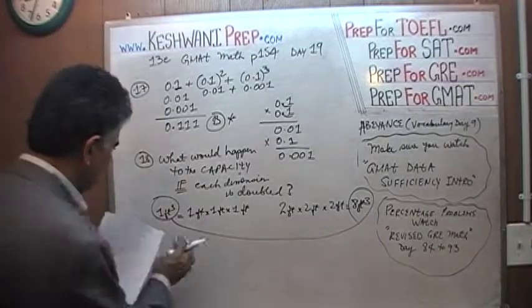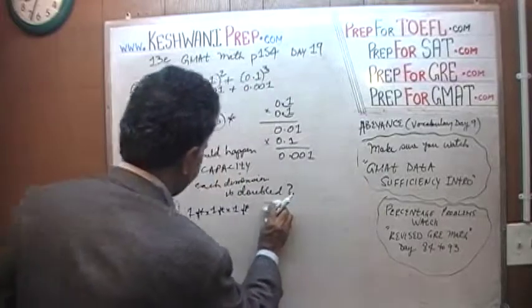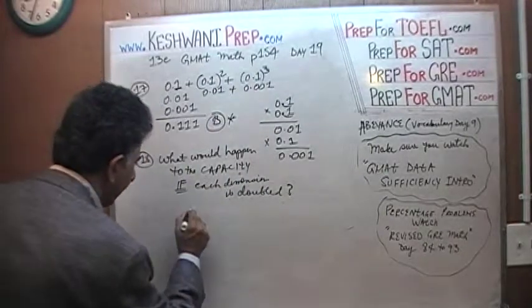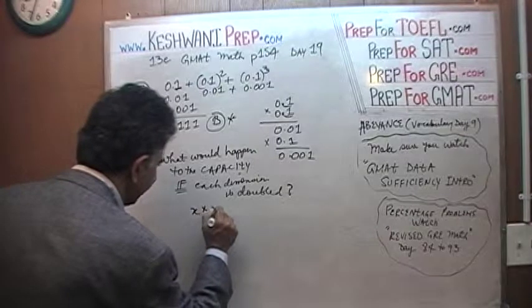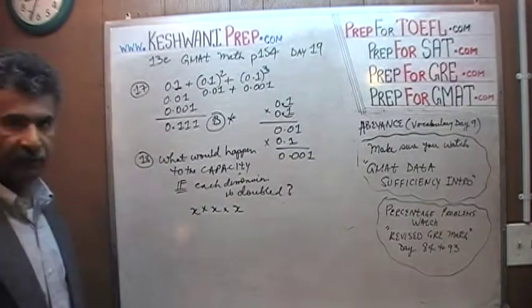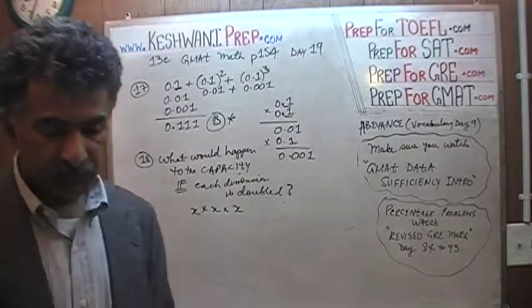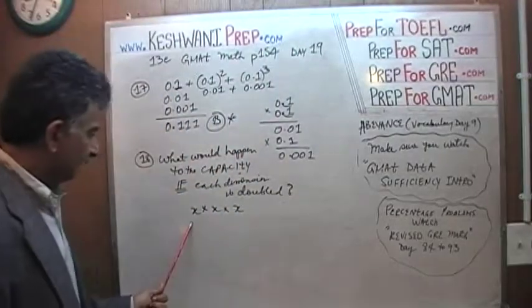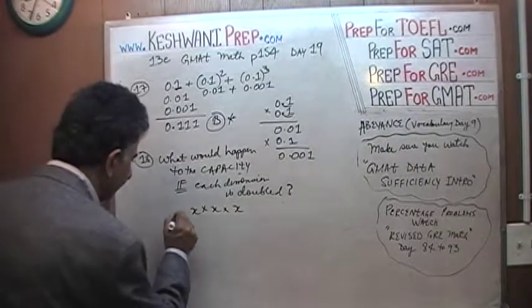Let's do something more general. If you have a box which is x times x times x, these are the dimensions, whatever the unit might be. It could be x feet or x inches or x yards or x meters, it doesn't matter what the units are. x times x times x is x cubed.